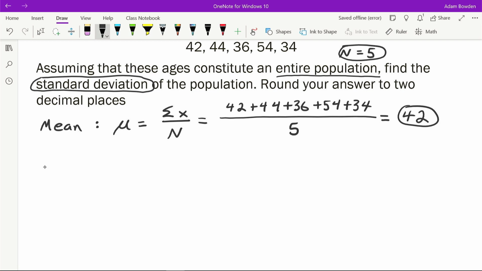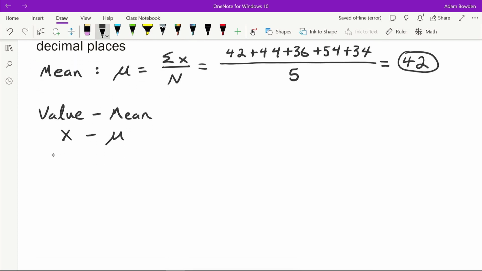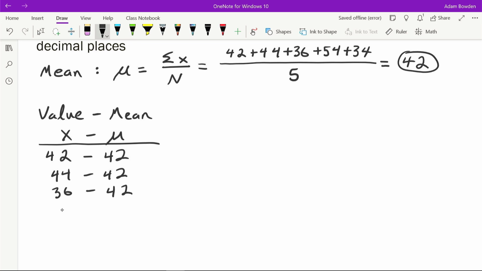And then to do the standard deviation, we start by taking each number, each value, and subtract away the mean from it. So that would be x minus mu in our formula for standard deviation. So the first number is 42, subtracted by 42. And then we do 44 minus 42, 36 minus 42, 54 minus 42, and 34 minus 42.